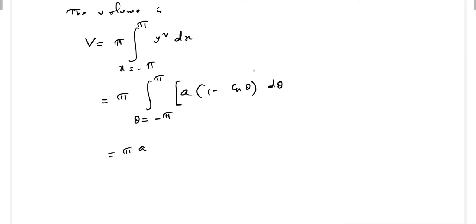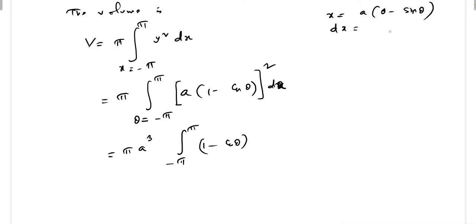of course this is square, pi a cube into the integral from minus pi to pi of 1 minus cos theta. Just wait, I think I made a mistake. I think this was dx, x was a into theta minus sine theta, so dx will be a into 1 minus cos theta, so it will be square into 1 minus cos theta again into d theta then.